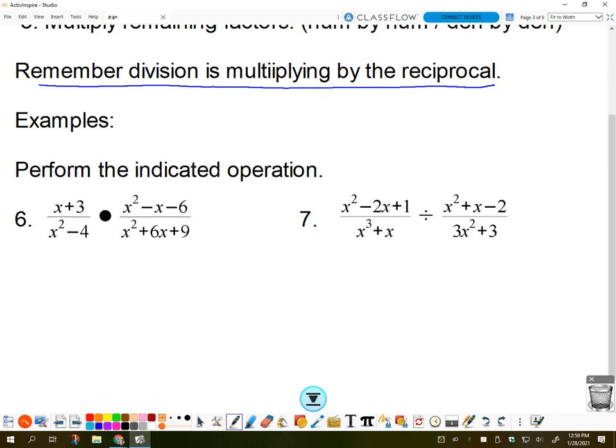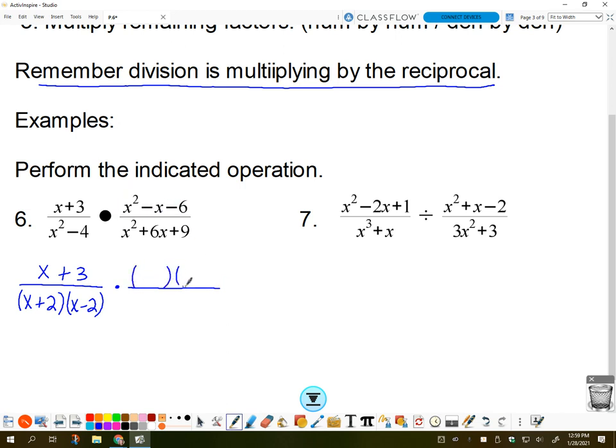All right, so number 6. X plus 3 will not factor, so just write it down. X squared minus 4 is a difference of squares, so it factors to x plus 2, x minus 2. We have x squared minus x minus 6.